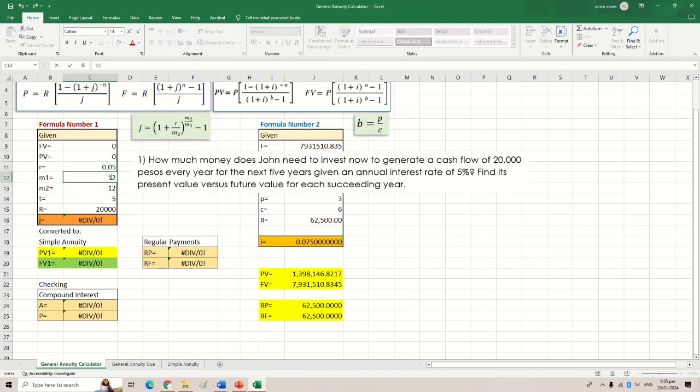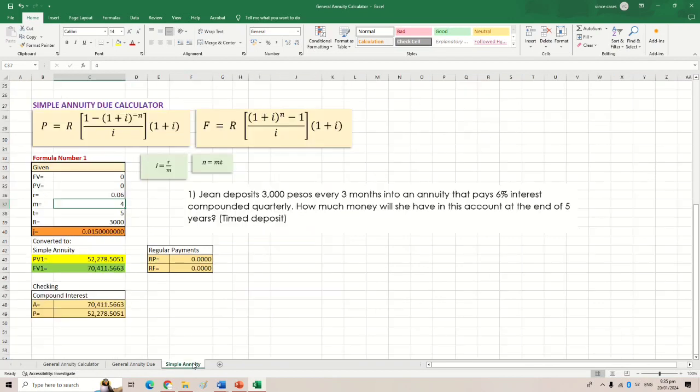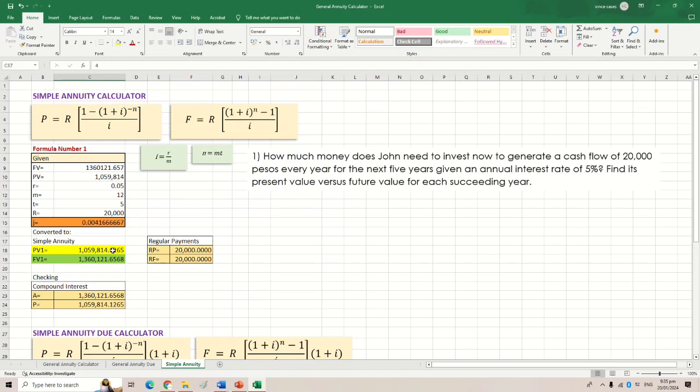Okay, that's 12. And let's find out the result. Okay, look here, our present value is 1,059,814. Let's look at the simple annuity that we solved here, 1,059,000. So they're the same. You can still use the general annuity calculator in simple annuity problems.